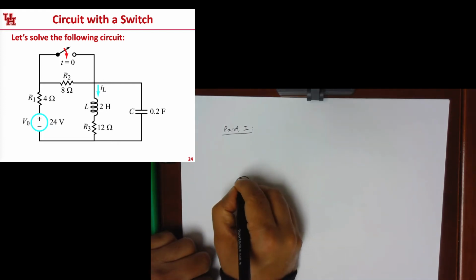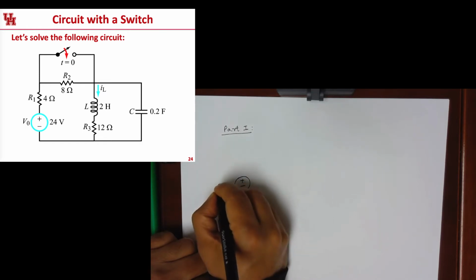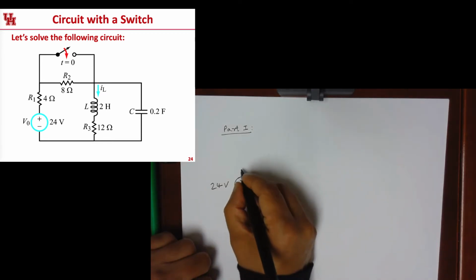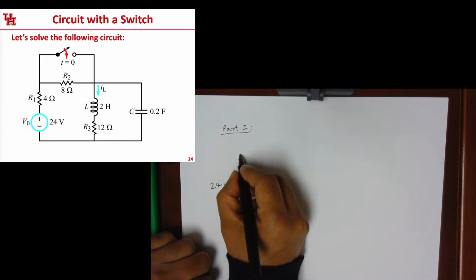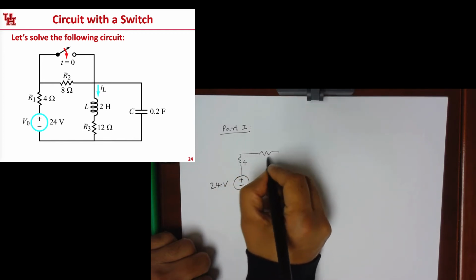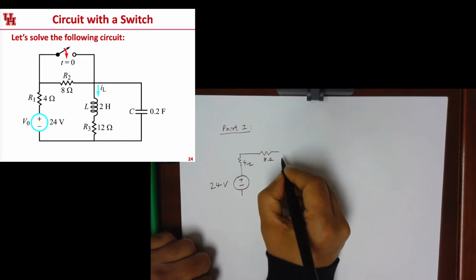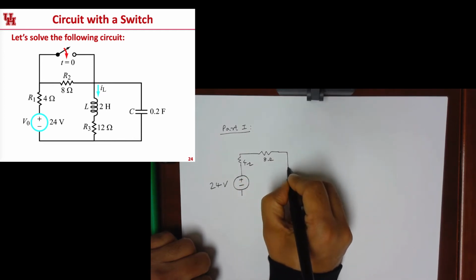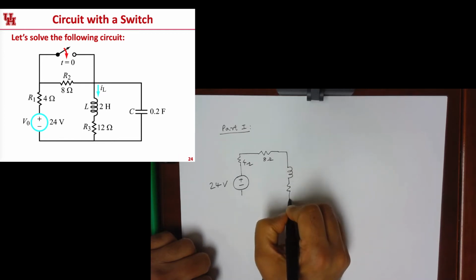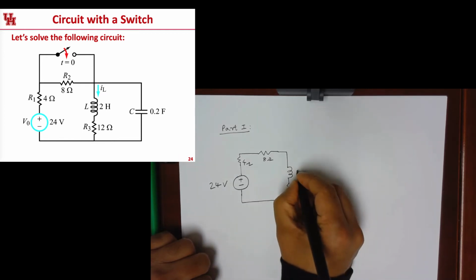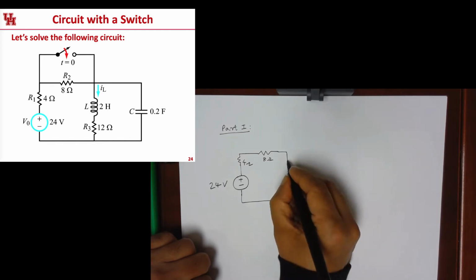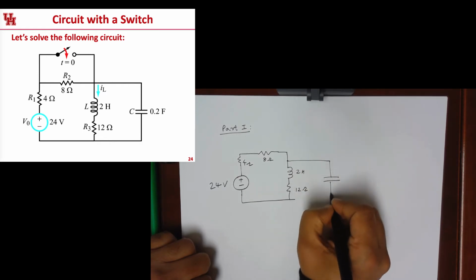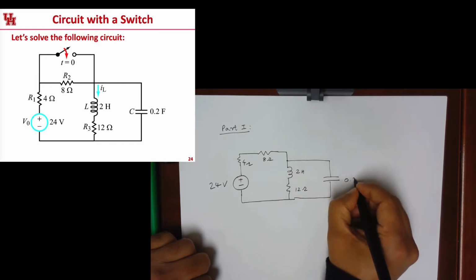So we've got the voltage source, which is 24 volts, and then we have a resistor, 4 ohms, and then we have the resistor 8 ohms, and then we have this guy here, L is 2 Henry, and this is 12 ohms, and there's a capacitor sitting across that, 0.2 farad.